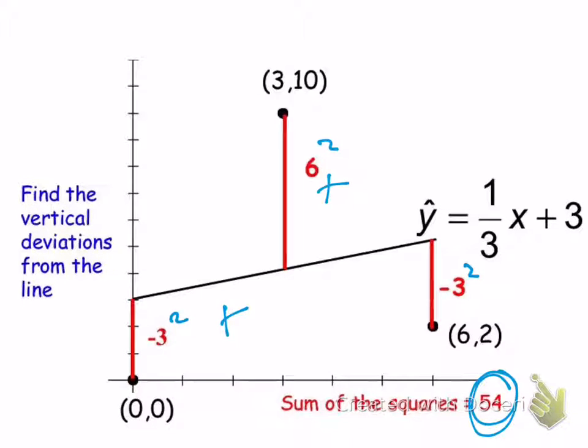That is how we end up getting our LSRL, because it minimizes this number. On the last example, I think we ended up getting like 62 or something. So this line minimizes the sum of the squares of your deviations. It's the smallest number possible.